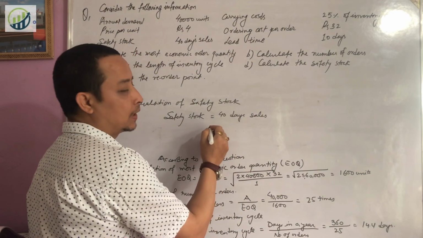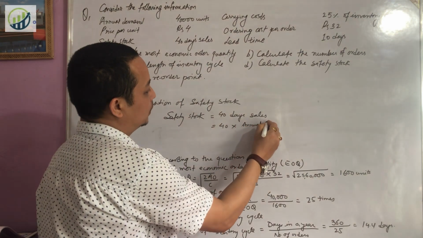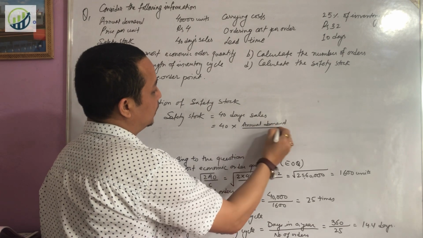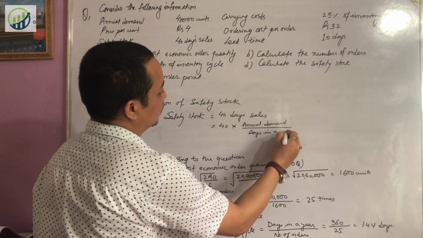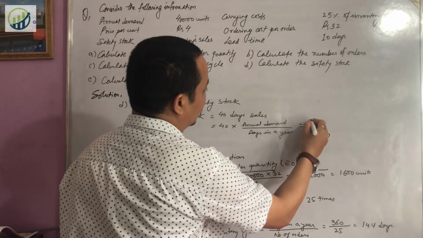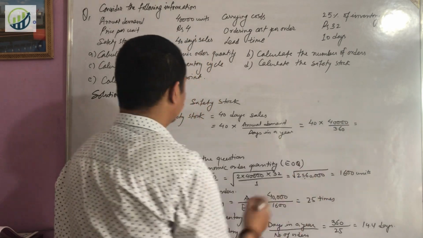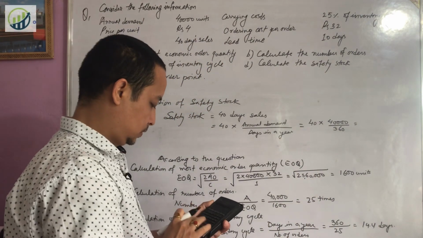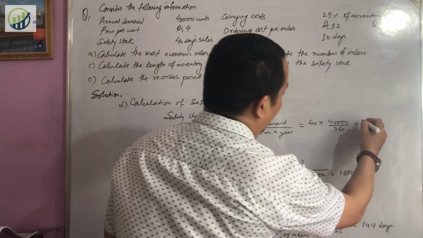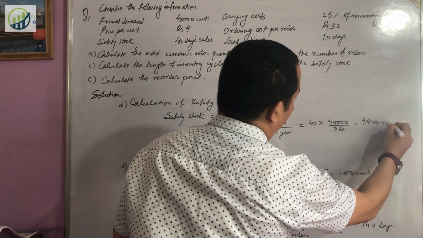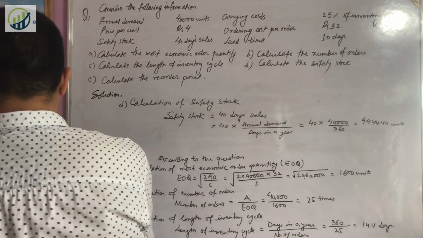On the basis of that, you have to find the 40 days sales. So 40 into annual demand A upon days in a year, you can write here 40 into 40,000 annual demand divided by 360 days. Now that will be your 40,000 divided by 360 into 40, that is your 4,444.44 units is the safety stock of this company.